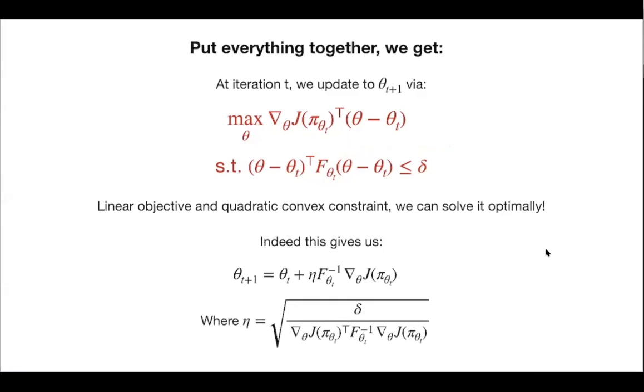And even nicer is that you can analytically compute the gradient step size eta. The gradient step size eta will be a function that depends on your trust region size delta, right? So delta will show up here, and your denominator will depend on this inner product between the gradient, the Fisher information matrix inverse, and the gradient.